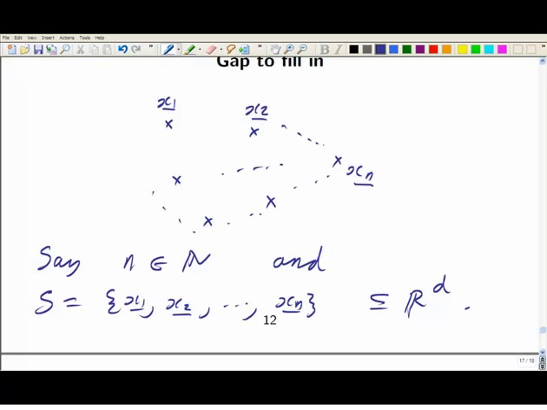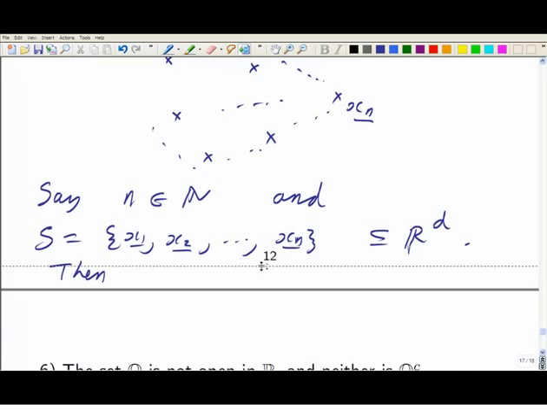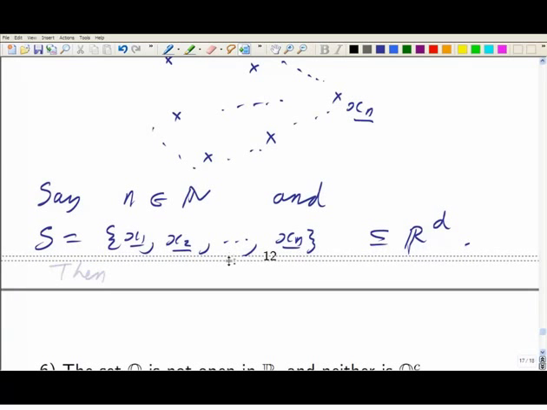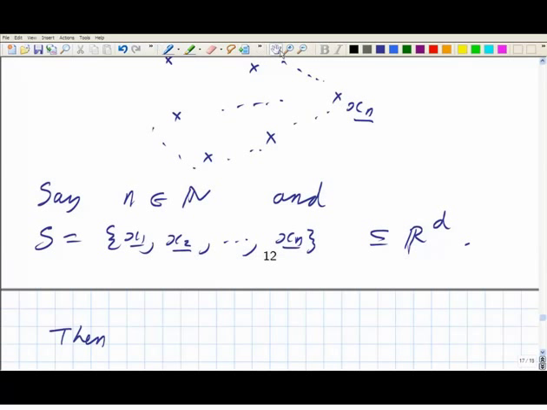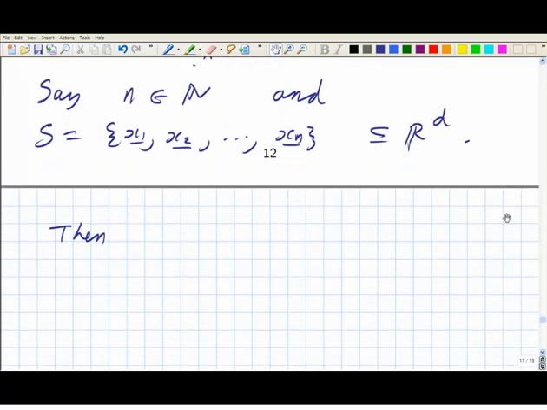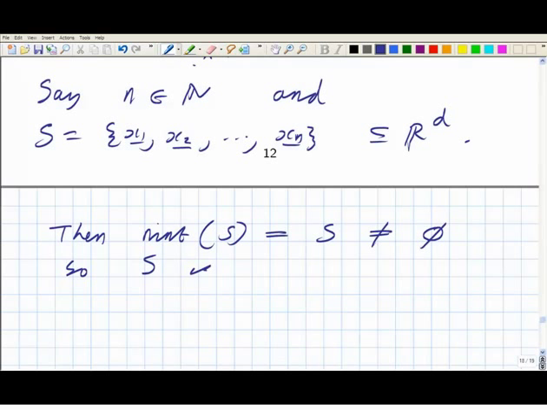So say n is a natural number, and S has got just n points in, then every point of S is a non-interior point.